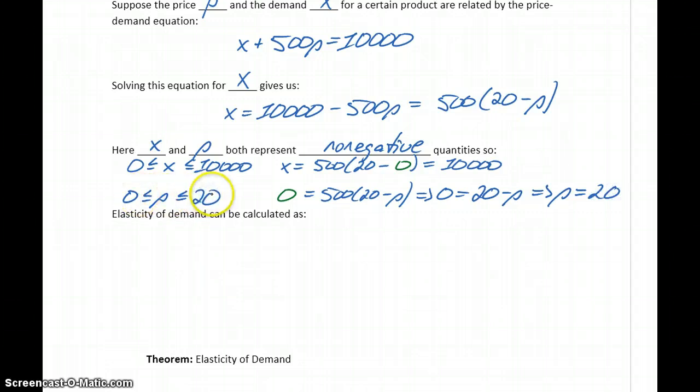So our price point has to be somewhere between 0 and 20, because at 0 we're giving it away for free. At $20 there's 0 demand. Nobody wants to purchase our product. And then demand is going to be bounded between 0 and 10,000. If we're charging $20, nobody's going to want to buy it. If we're giving it away for free or something very, very close to free, demand is going to be around 10,000 units.